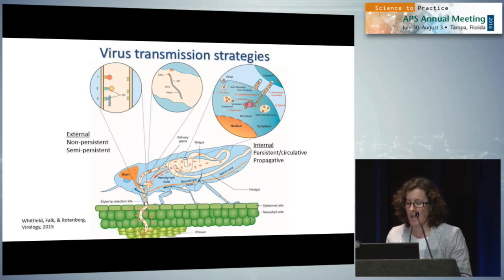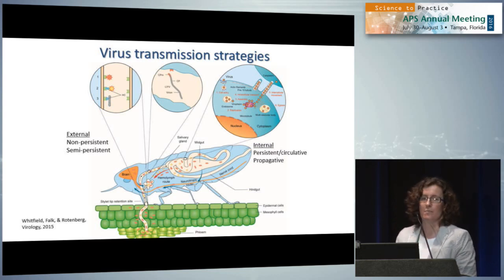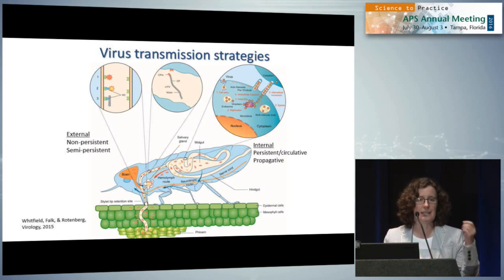Plant viruses have diverse transmission strategies, and I'll just review some of the basics of that biological interaction. Basically, we can divide them into two broad categories. The externally borne viruses, those are the ones that are non-persistent or semi-persistent. They actually attach to structures of the mouth parts, the cuticle, and they just bind there, and when an insect feeds on a new plant, they are released and transmitted to the plant.